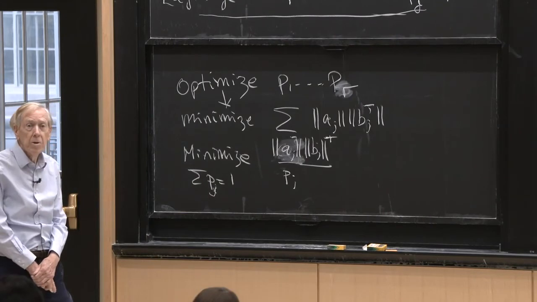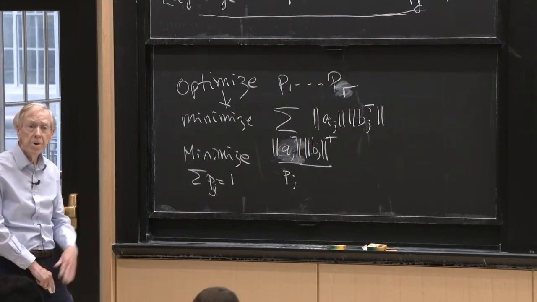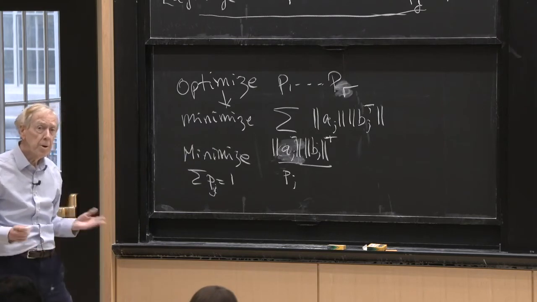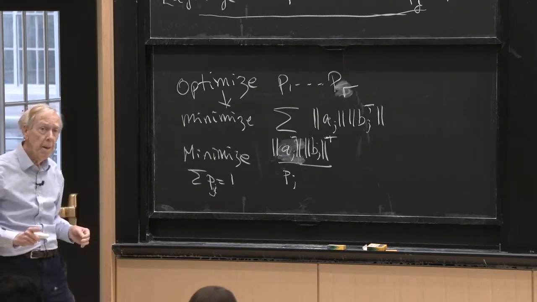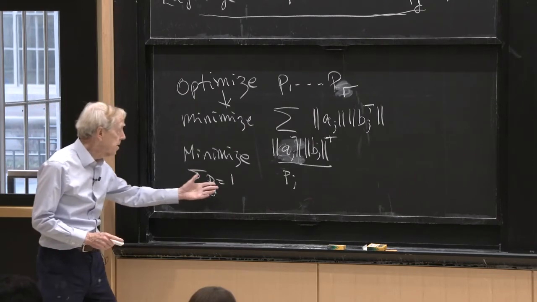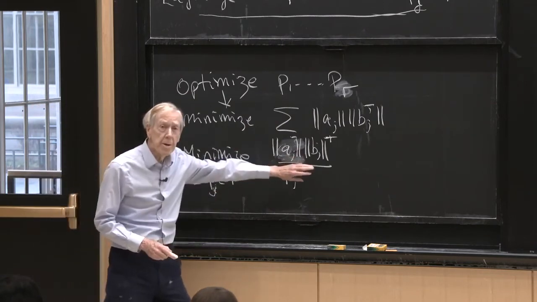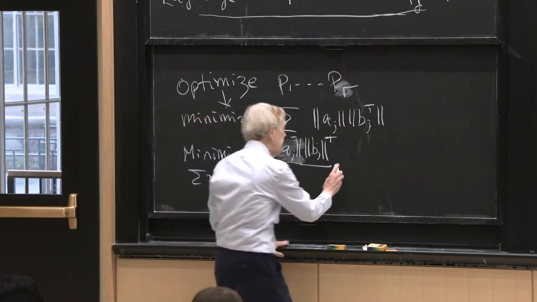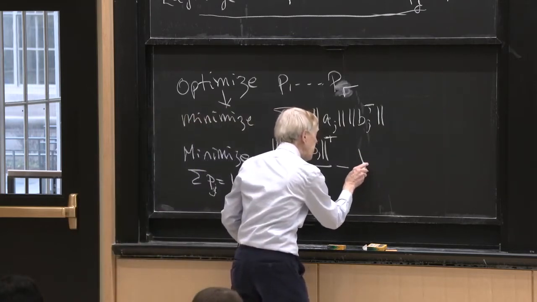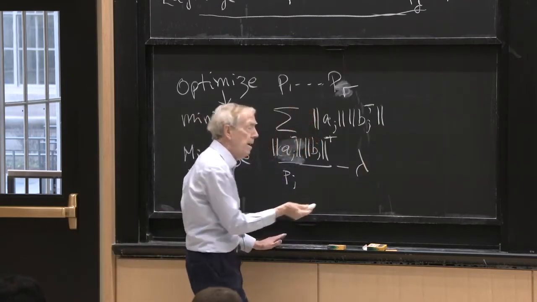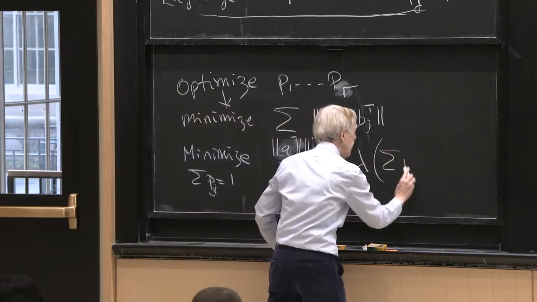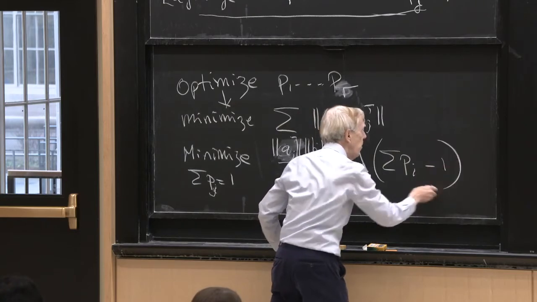And Lagrange had the great idea. So this is maybe the first time we've used his idea. Do you remember what his idea is? He takes this constraint and he builds it into the function. He multiplies it by some unknown, mysterious number, often called lambda, but nothing to do with eigenvalues, of the constraint that the p's should add to 1.